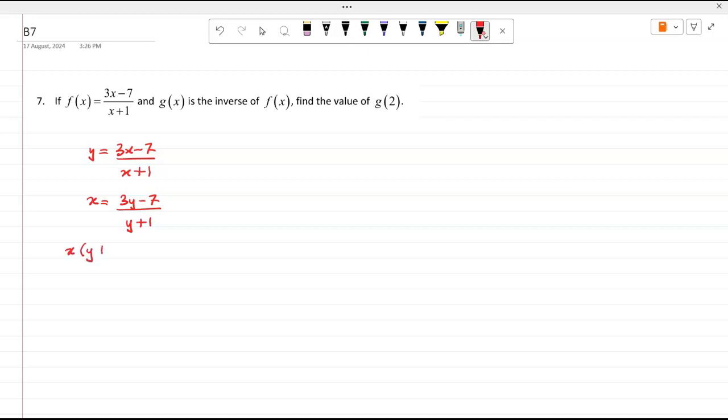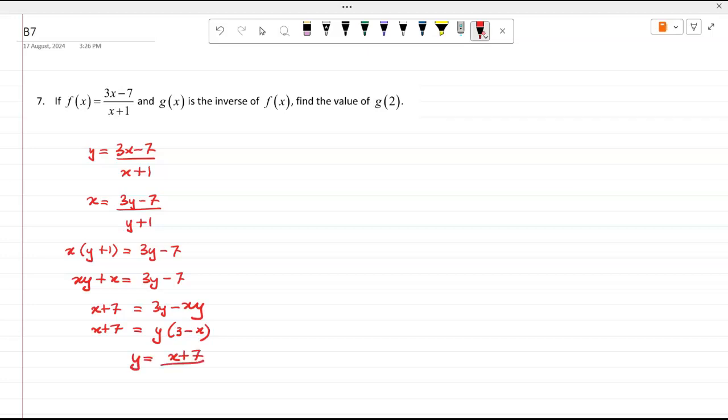So cross multiply, open the brackets, take all terms with y on one side and other terms on the other side, then take y common, then make y the subject. That's your g(x), which is the inverse.